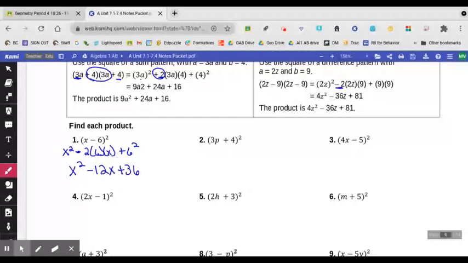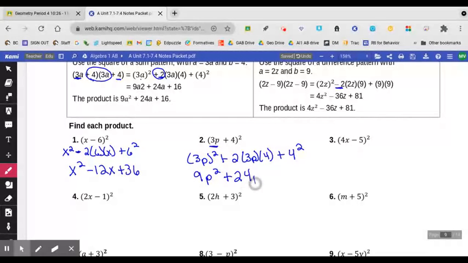So that's x squared minus 12x plus 36. Again, the shortcut is I square the first term, 3p, squared, plus 2 times the product of 3p and 4, plus the last term squared. So that's 9p squared plus 24p plus 16.